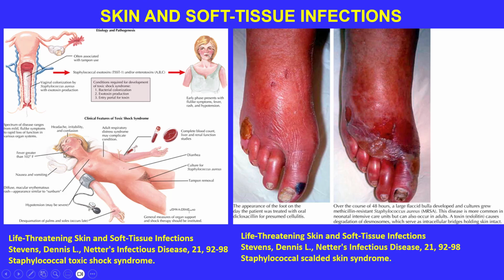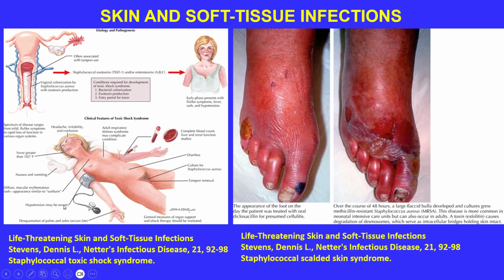The staphylococcal toxic shock syndrome, the clinical features, diarrhea, cultures of Staph aureus. Of course, what's required is the tampon removal. They'll do a complete blood count, liver, and renal function studies. The person reports a headache, irritability, confusion, a fever that is greater than 102, nausea, vomiting, hypotension.